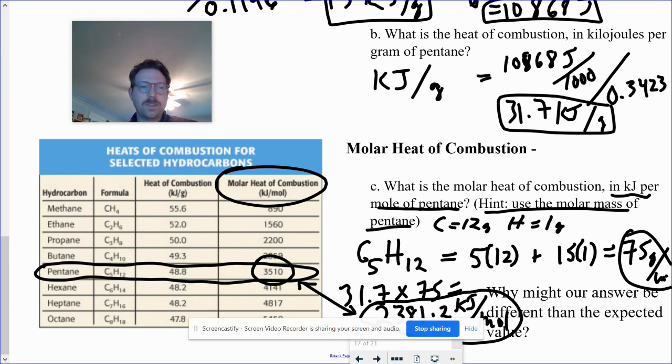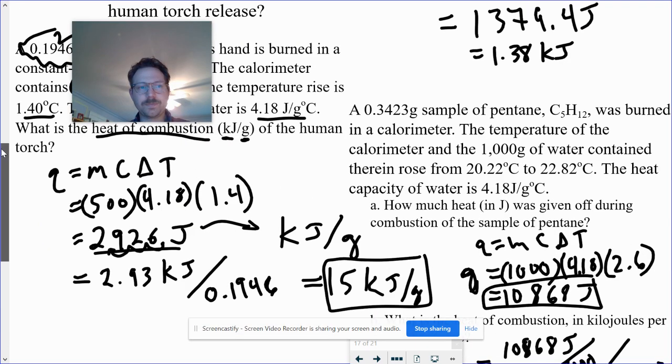Why is that? The reason why you have a lower molar heat of combustion compared to the number in the textbook is again because you're doing an experiment. And when we do experiments, we have a lot of places for error. And one of the places for error, as we talked about, is the design of the calorimeter itself.